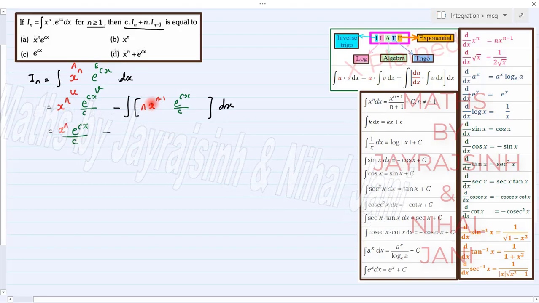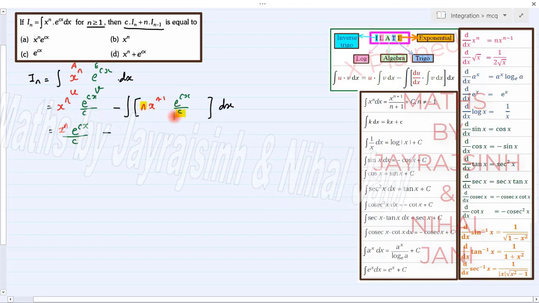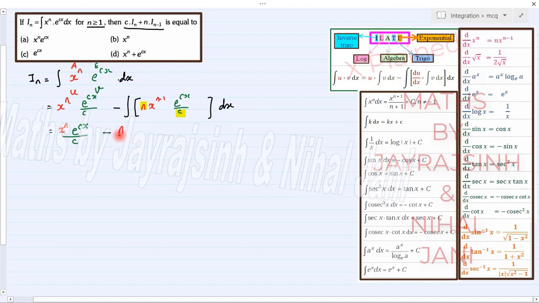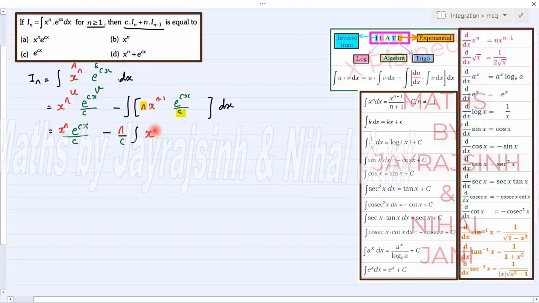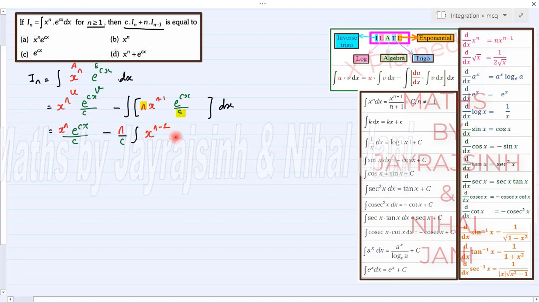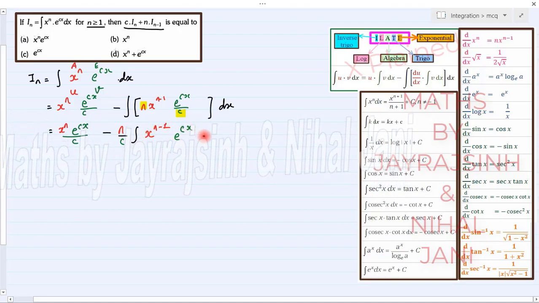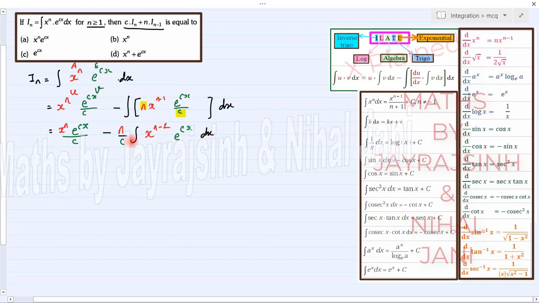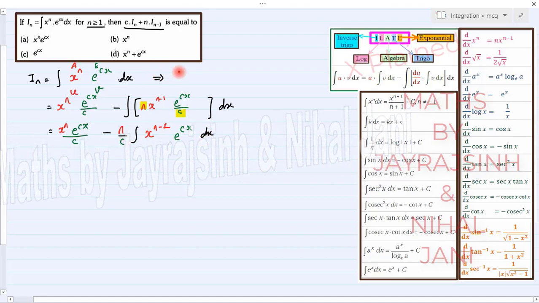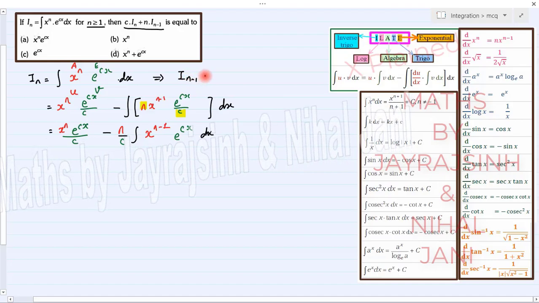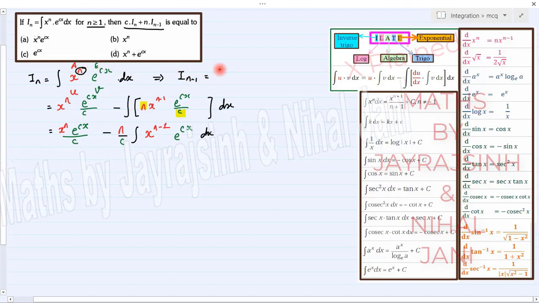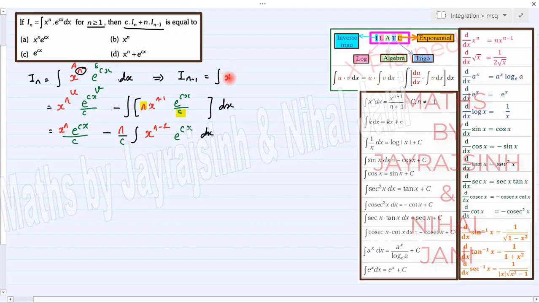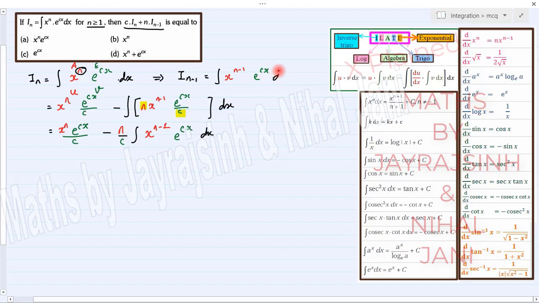In the second term, we have two constants n and c, so let's take them outside. And we have integration of x raised to n minus 1 into e raised to cx dx, right? Which is nothing but your I of n minus 1. To get I of n minus 1, we just have to replace n by n minus 1. So here we'll get x raised to n minus 1 and e raised to cx dx.